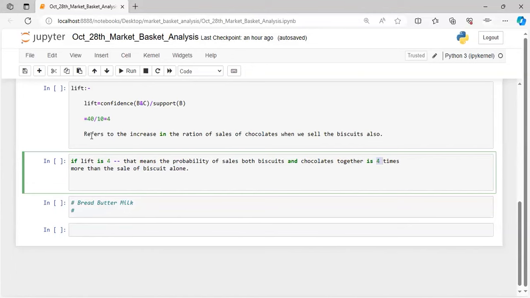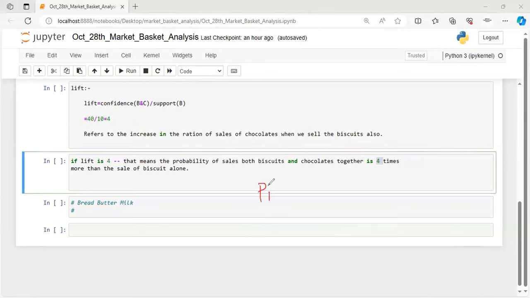There is no problem. If you have a pizza counter, you are selling the pizza, but you found the lift of the cold drink along with the pizza value is 4. That means the probability of sale of pizza and cold drink together is 4 times more than the sale of the pizza alone. Don't get confused by the pizza alone number being high and pizza and cold drink number being low.